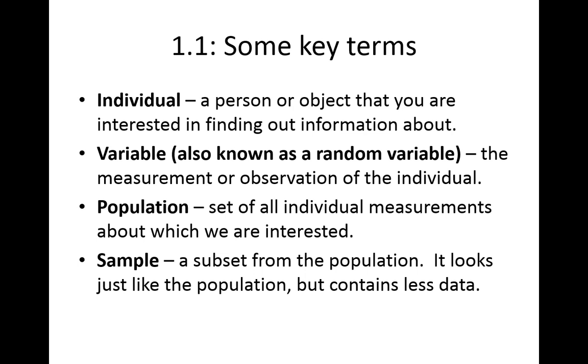So we measure that individual's height, for example 65 inches. The 65 is the variable, the measurement that we get from the individual, maybe Joe. The individual would be Joe, but the 65 is the variable that we are collecting from that individual.